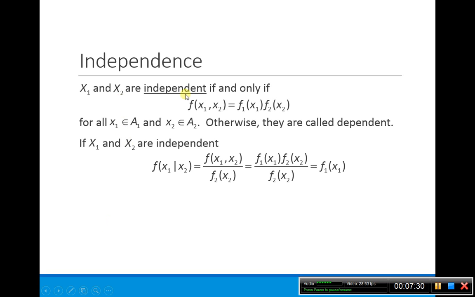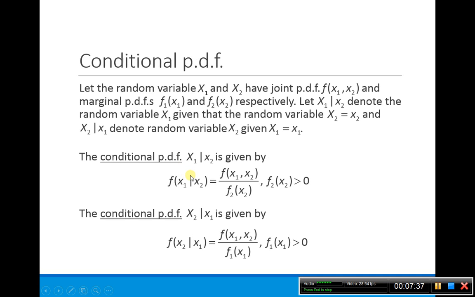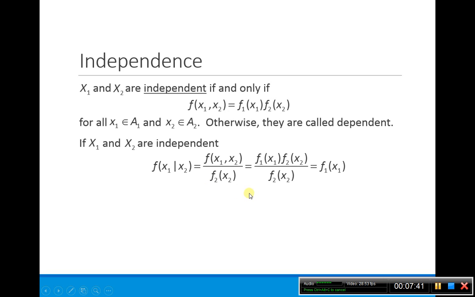If they are independent, then remember, this is what we defined on the previous slide, our conditional PDF for our random variables x1 and x2. If they're independent, then this conditional PDF is given by the joint PDF, which now we can write as our marginal PDFs.